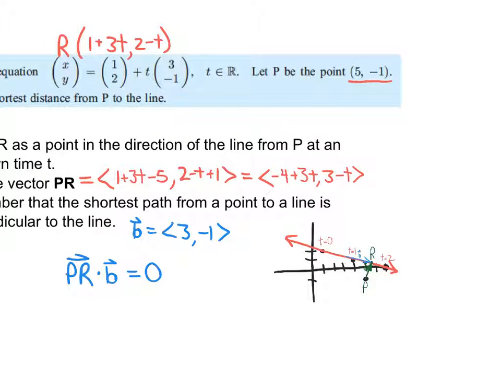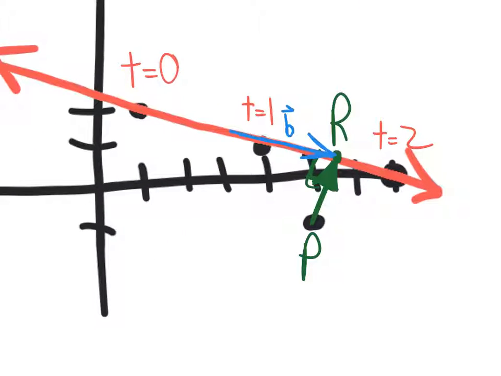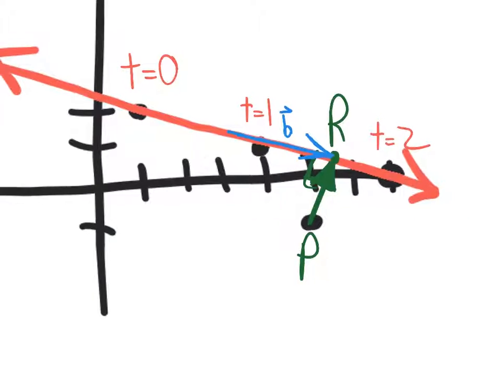Yeah, our B. Okay? So here, that's really what we're trying to find, guys: where is that R, what is that shortest distance? So to find the shortest distance, I've got to make those perpendicular.